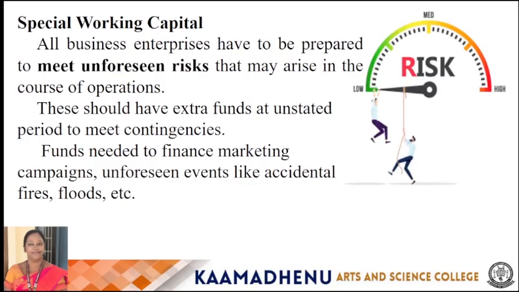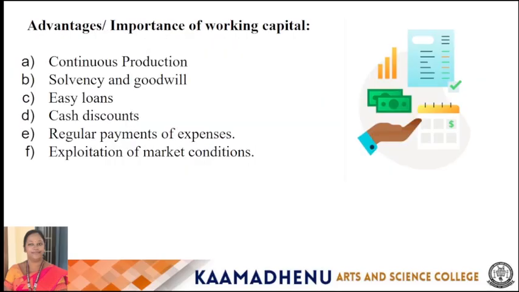All business enterprises have to prepare to meet unforeseen risks that may arise in the course of operations. They should have extra funds at unstated periods to meet contingencies, funds needed to finance marketing campaigns, unforeseen events like accidental fires, floods, etc.